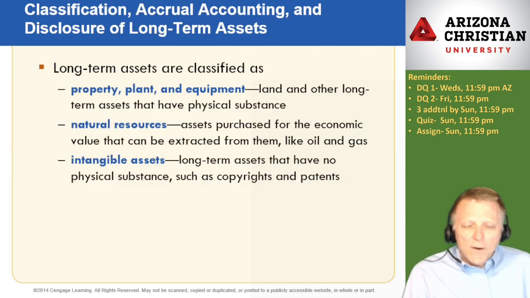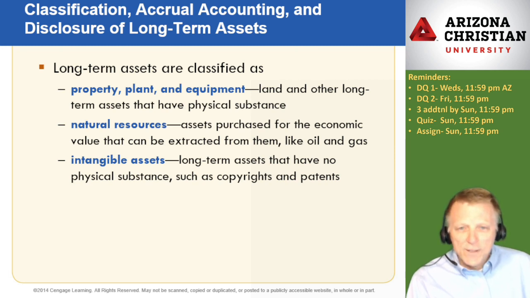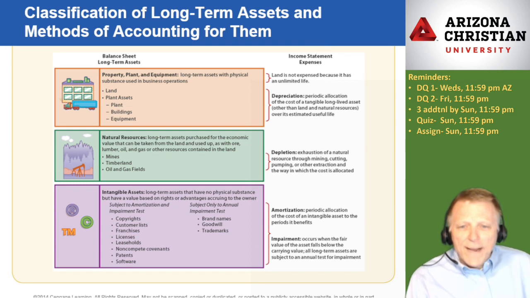So long-term assets are classified as property, plant, and equipment, natural resources, and that would be things like gas and oil and that sort of thing. And then also intangible assets, like I mentioned a minute ago, copyrights and patents, trademarks, branding, that sort of thing. So the long-term assets can impact both the balance sheet and the income statement as shown on this slide.